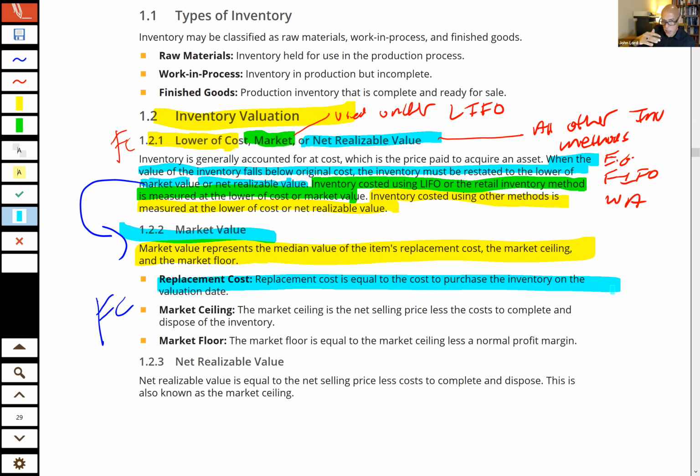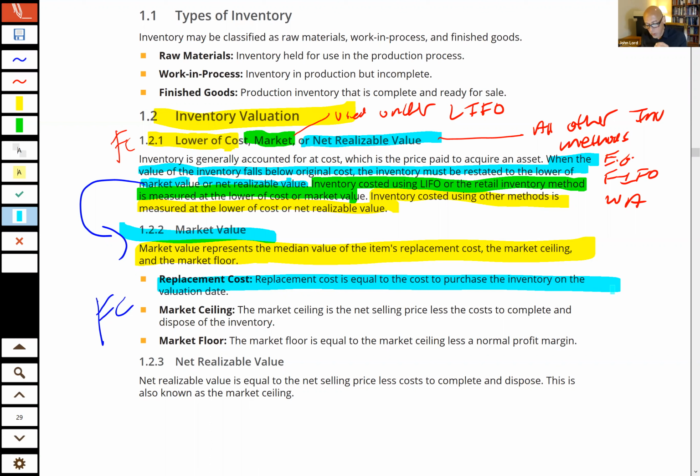If the replacement cost is less than the floor, then use the floor. If the replacement cost is not over the ceiling and not below the floor, use the replacement cost as your market, compare it to the cost, and then report that item at the lower of what you just calculated as the market or the cost.